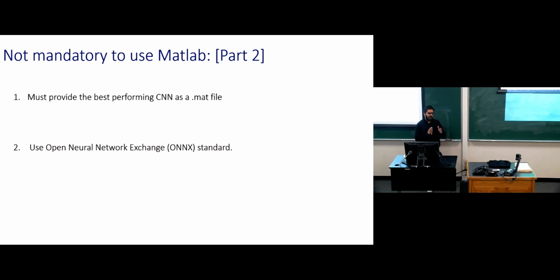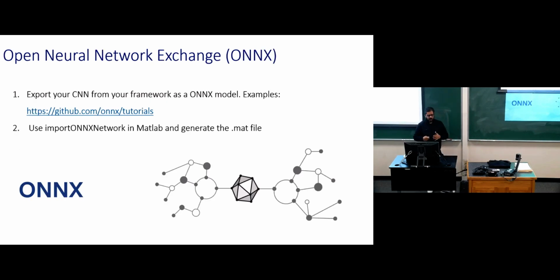This is a standard way to encode a neural network model as a graph, essentially, while also preserving all the weights, the parameters of the optimizer and whatnot. So ONNX allows you to translate your neural network model from your choice of deep learning framework into an ONNX object. The Git tutorial is here. It supports nearly all popular frameworks.